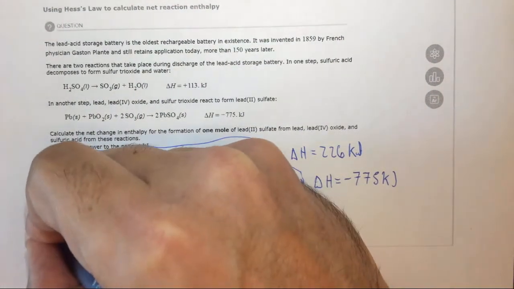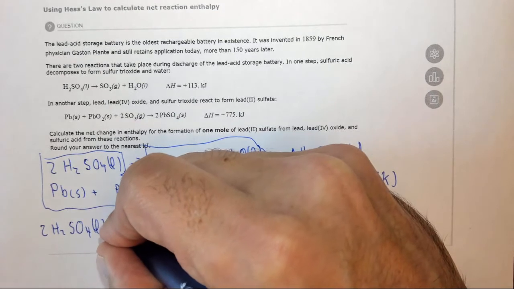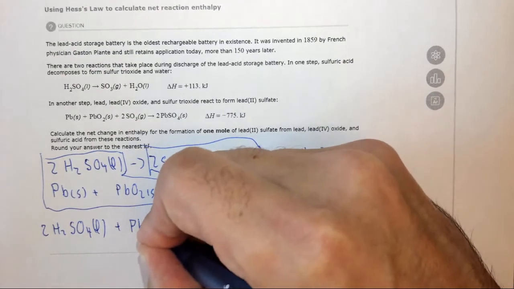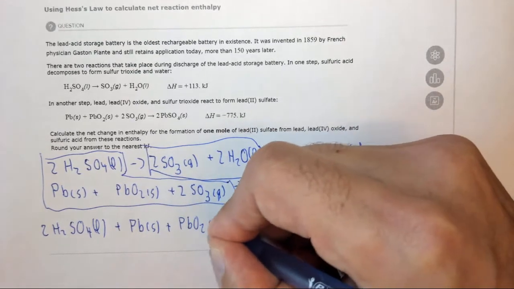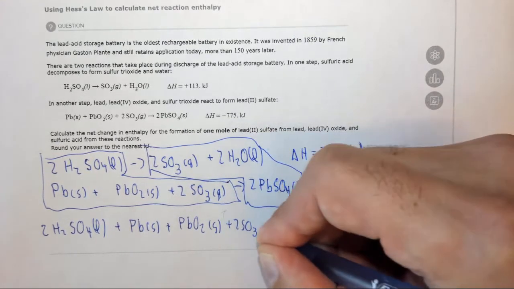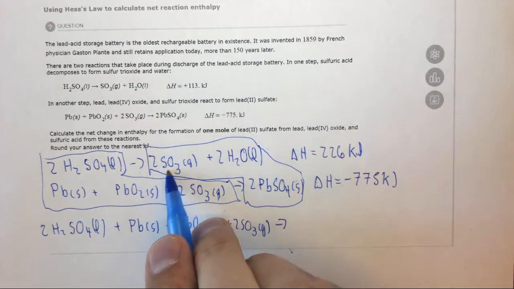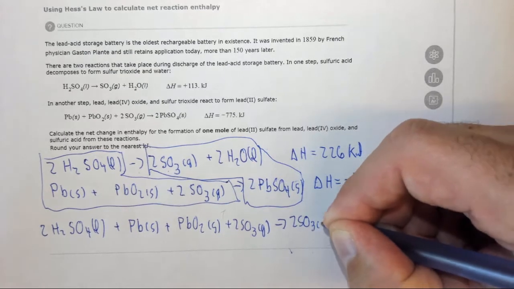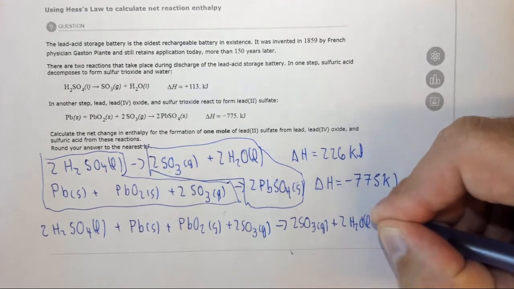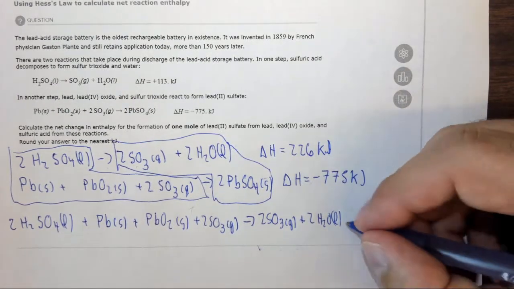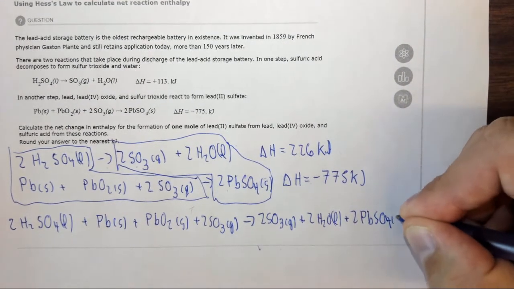So starting with 2H2SO4 liquid plus Pb solid plus PbO2 solid plus 2SO3 gas, so all of the reactants, all 4 of them, yields 2SO3 gas, the first product, plus 2H2O liquid, plus 2PbSO4 solid.